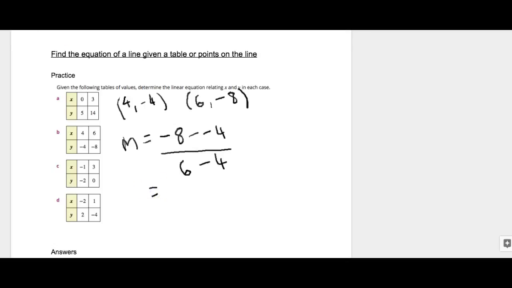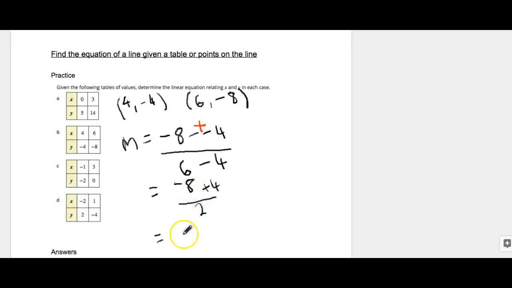Now, you would have noticed that I had 2 negative signs there. So remember, 2 negatives become a positive. So I now have -8 plus 4 over 6 minus 4, which is 2.